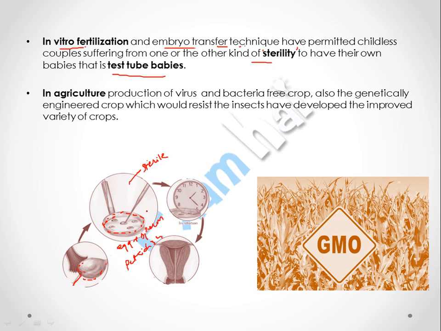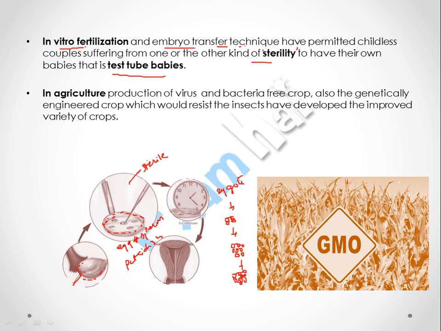Okay, so what happens is after that it is incubated, and at this time of incubation this fusion would be called a zygote. It divides into 4 cells, and after that it divides into 8 cells, and likewise 16 cells.